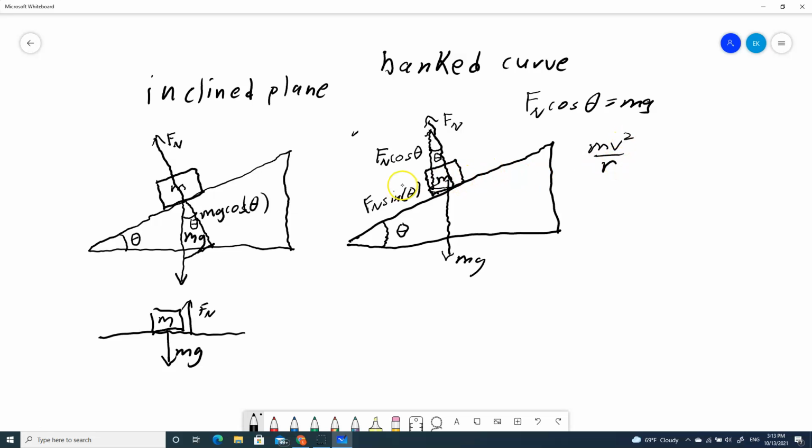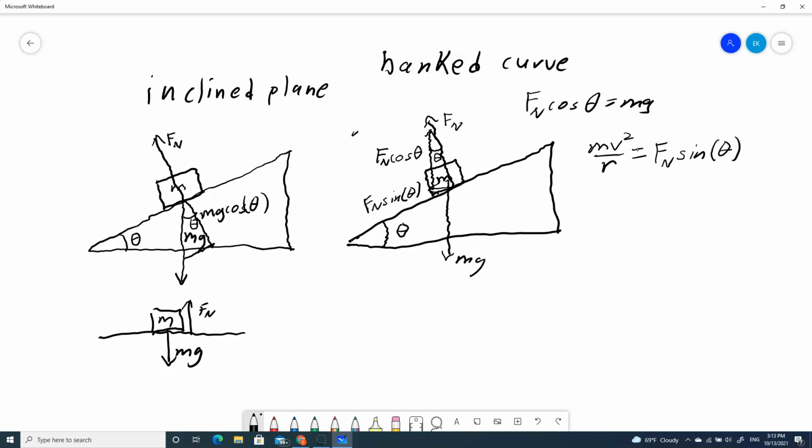It exerts the centripetal force, and therefore it prevents the object from sliding. So I'm going to draw it right here. mv squared over r in a frictionless example is equal to F_N sine theta.